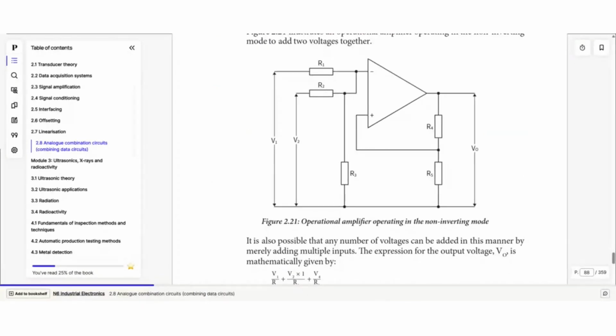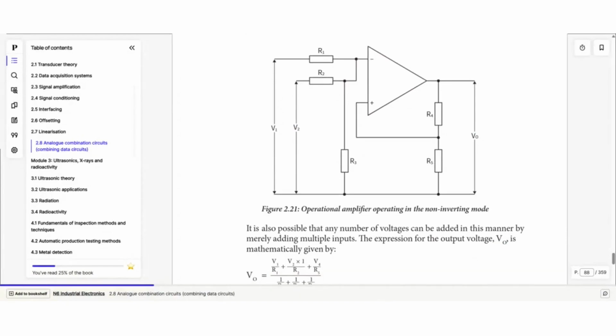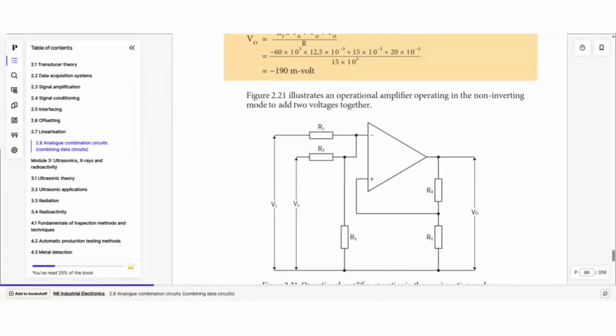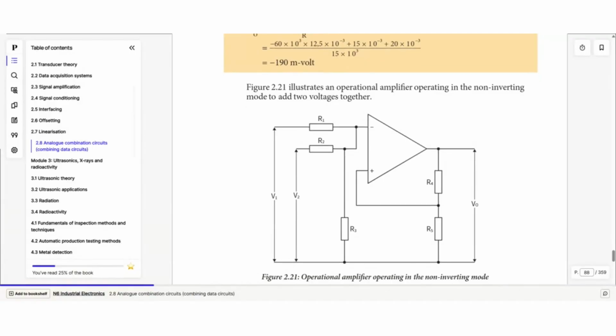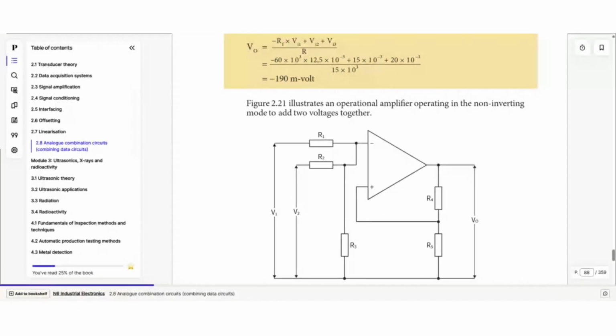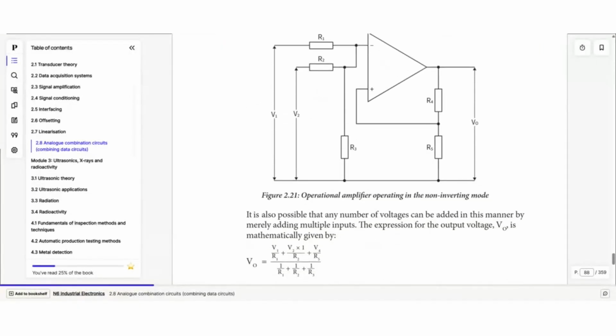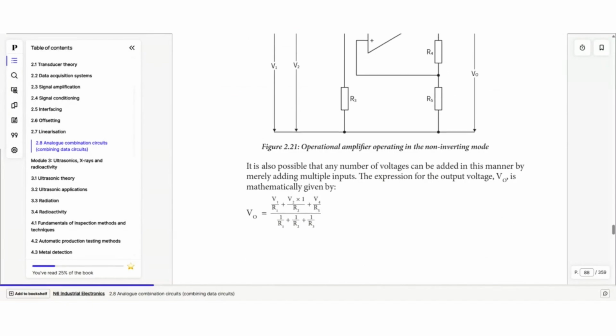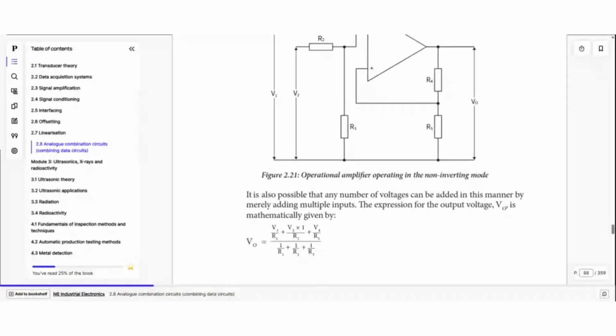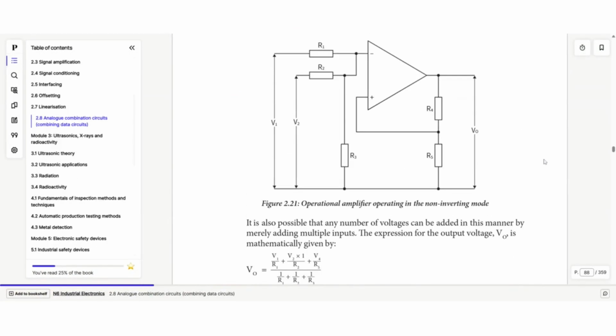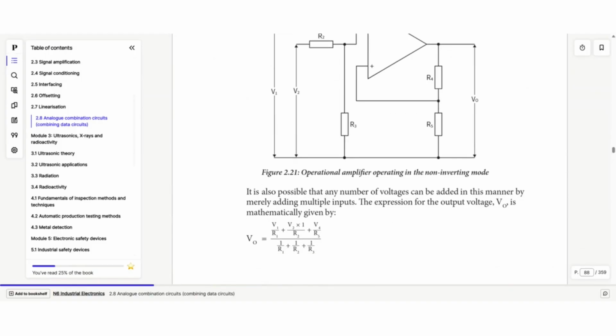Now this is an interesting one. So this is supposedly a non-inverting amplifier. The only problem I have here is your feedback resistance isn't right, to add two voltages together. This is a very convoluted way to do it, though. As you can see here, the formula is a little bit different.